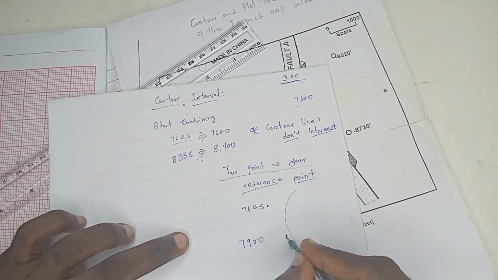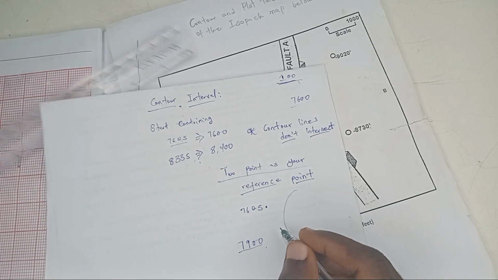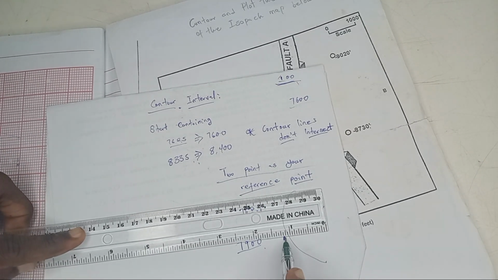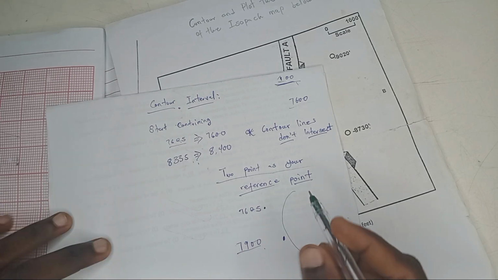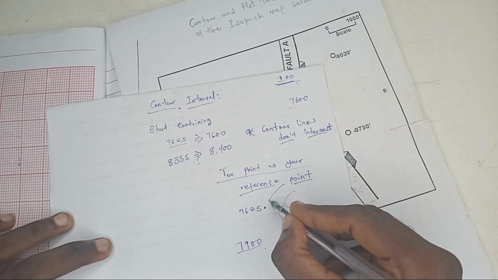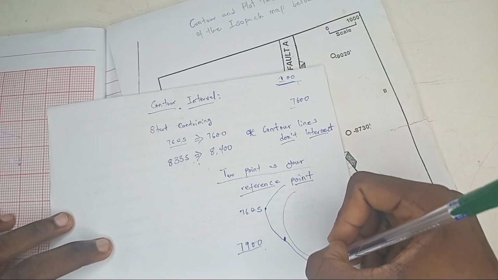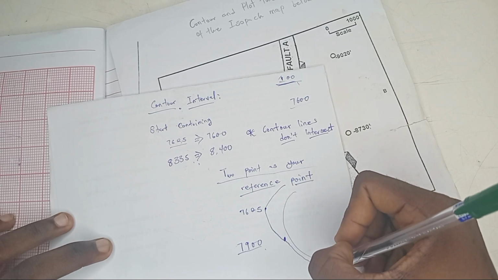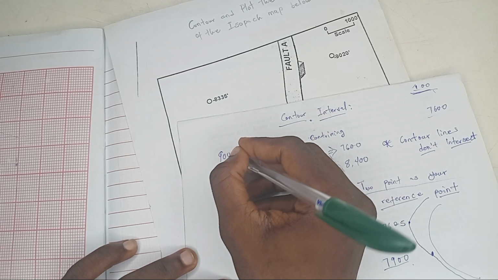Because you took 7,900 as your reference point, you reach here before you reach here. But here, 7,625, 7,600 is closer to it. So you're going to do your contour like this, connect this line, then connect to this point, so that we have reference points. Okay? So if it's something like 9,000.